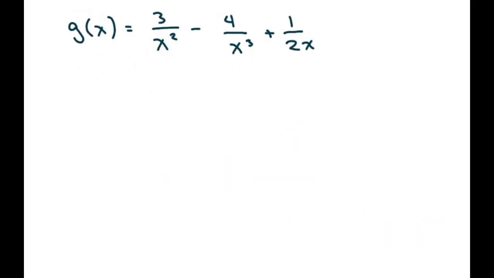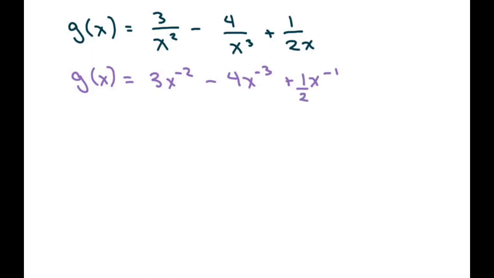Okay? And this one, I'm going to rewrite it first. So this is going to be 3x to the negative 2 minus 4x to the negative 3 plus x to the negative 1, and I'll just put the 1/2 here.